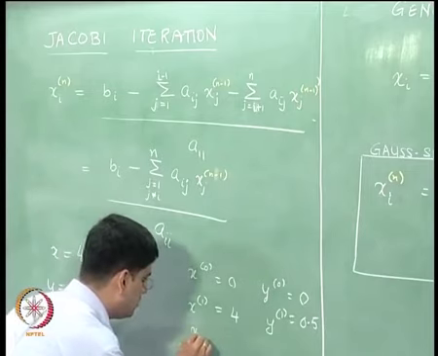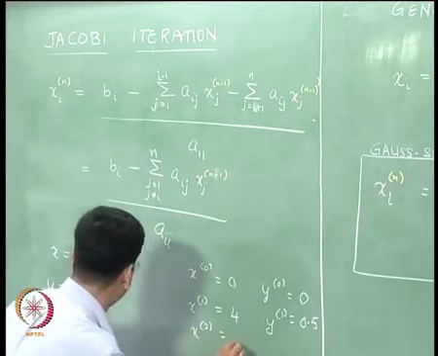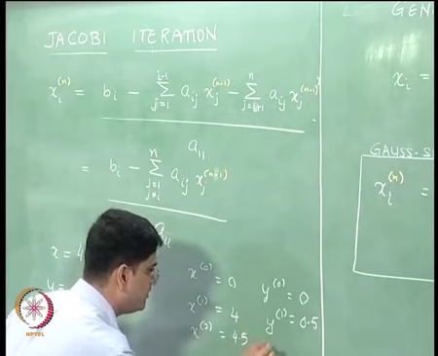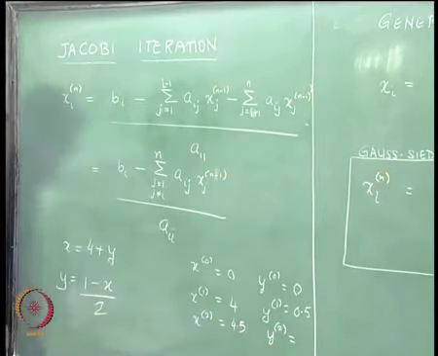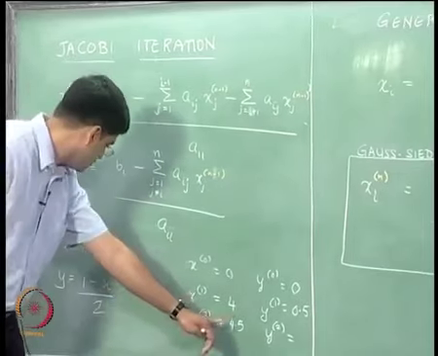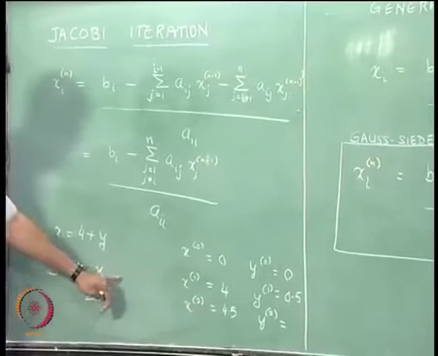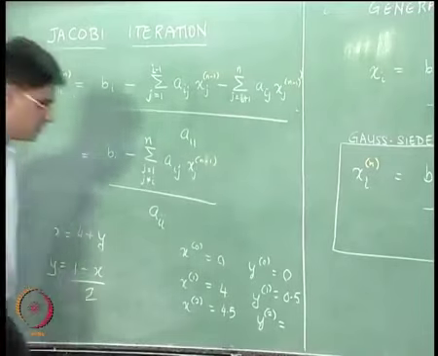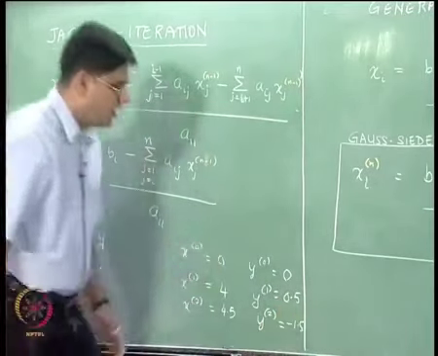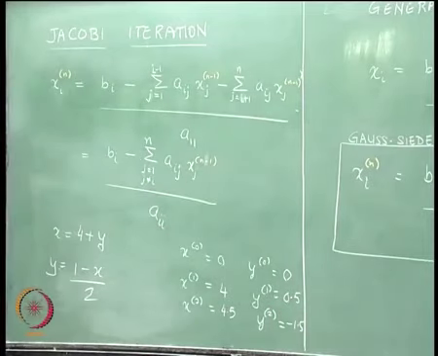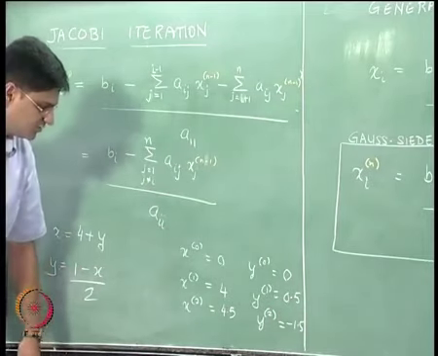So our x2 we will get as 4.5, and y2 is essentially going to be 1 minus 4, that is minus 3, divided by 2, and that is minus 1.5. We keep repeating this process over and over again until we reach convergence.